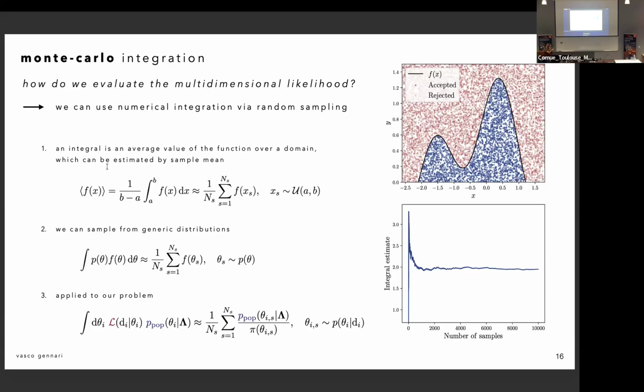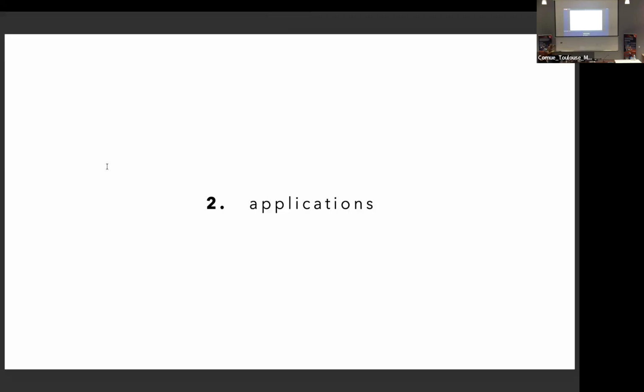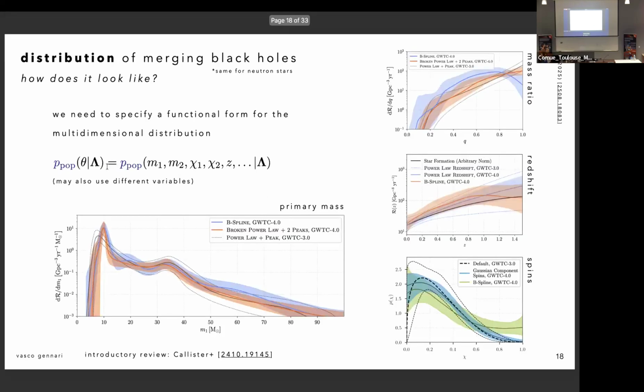And therefore, if you divide by the prior, you can compute this integral with Monte Carlo. And you get something similar for the denominator, the selection effects integral, if you have samples distributed as the detection probability distribution.